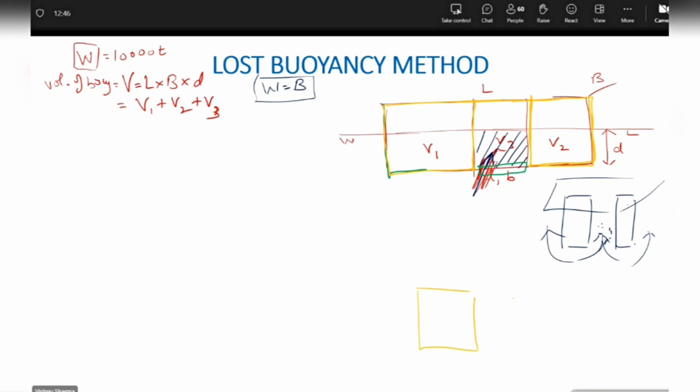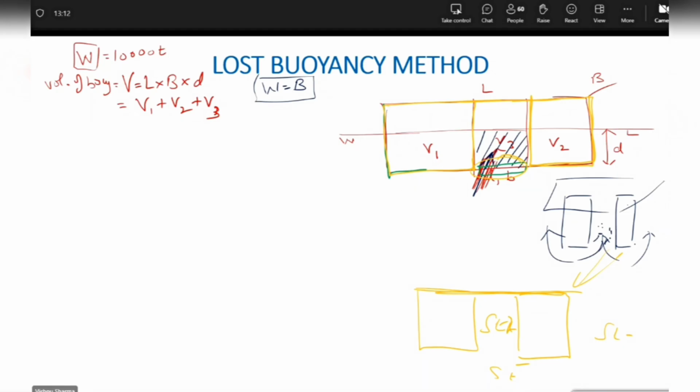It will become like this, yes or no, beta? The deck here. If I remove this entire keel, will it become like this? Yes. And does it become like the pontoon then? This becomes C, this is C, this is C. Yes or no? Correct?